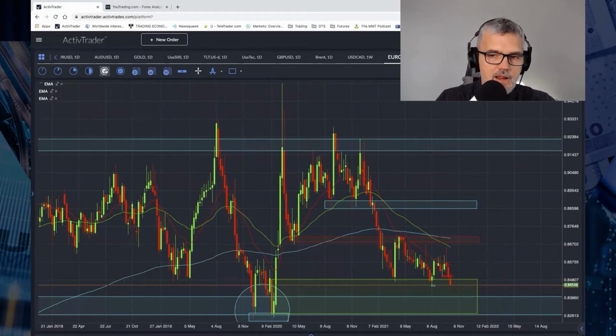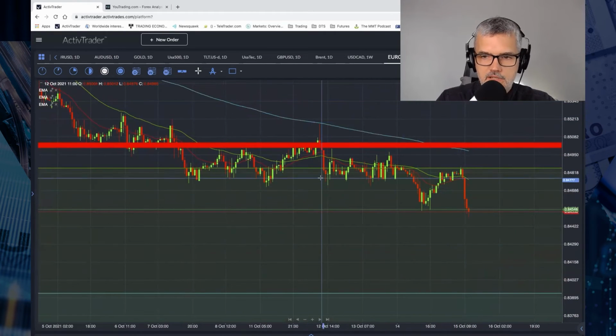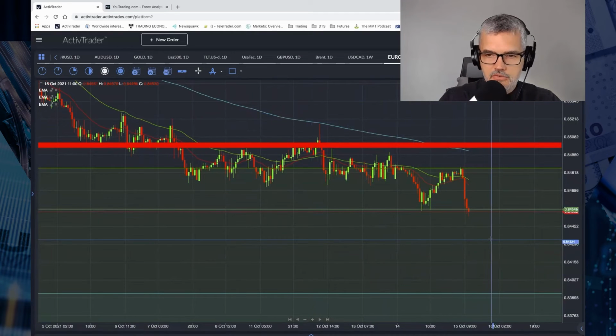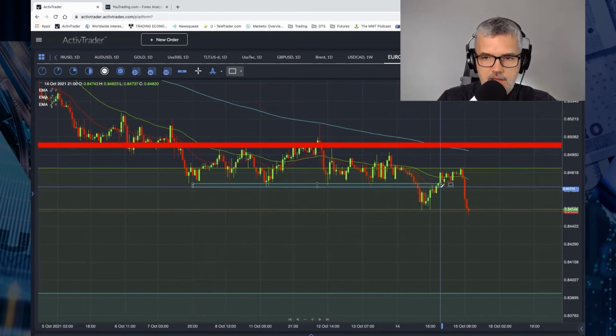So if we go down to an hourly, how could we use this information now for an actual trade? So what I'm looking for is stuff like this where we break support and then we test it, see if it's resistance. Clearly it's not. So the next one will be break this one.